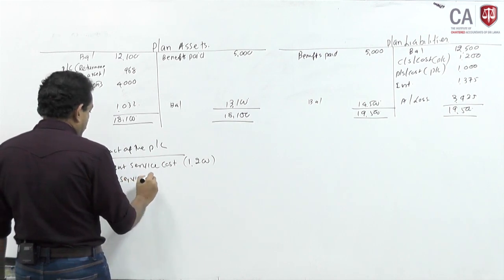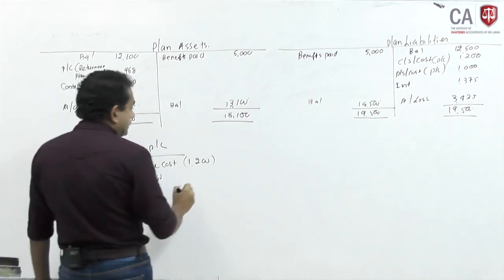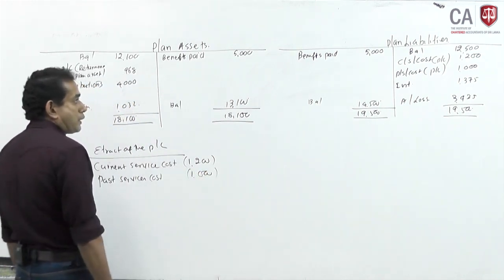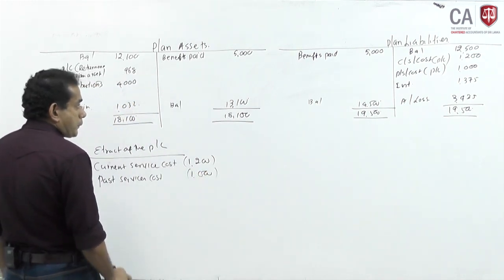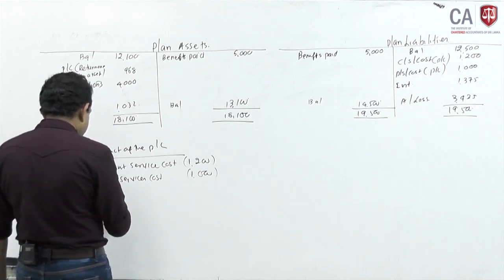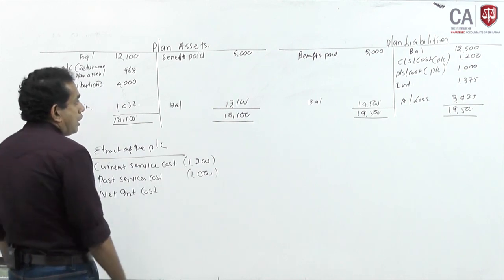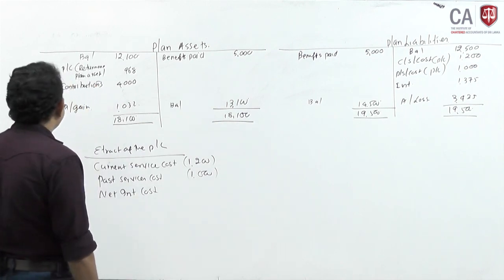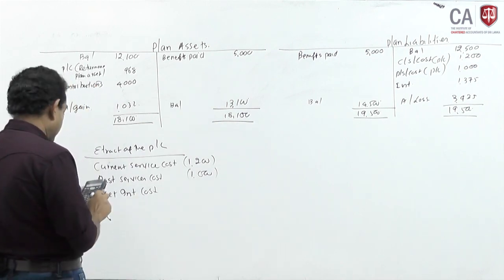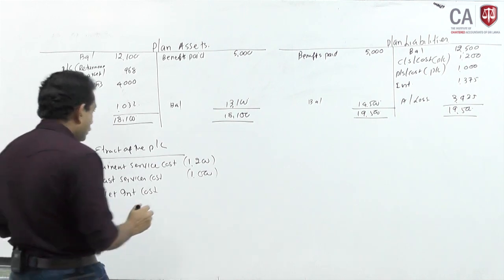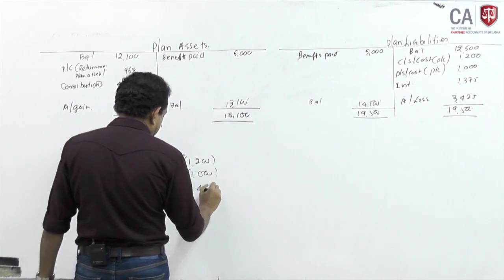Past service cost is 1,000, should be a debit to the profit and loss. Net interest cost, 1,375 minus 968, should be 407.